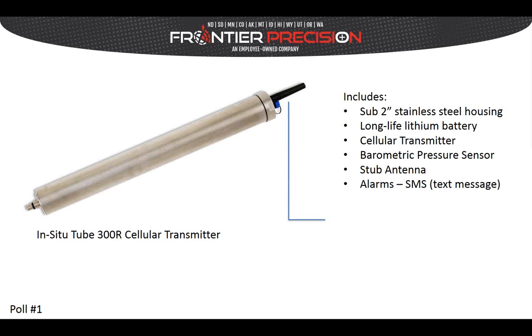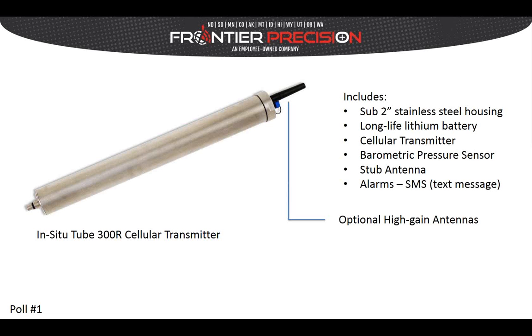There are additional ways of getting alarm messages to you too. In addition to just logging on with your cell phone while you're sitting in the McDonald's parking lot or something, you can also have emails sent to you from the HydroView hosting service. So we have that alarm capability.